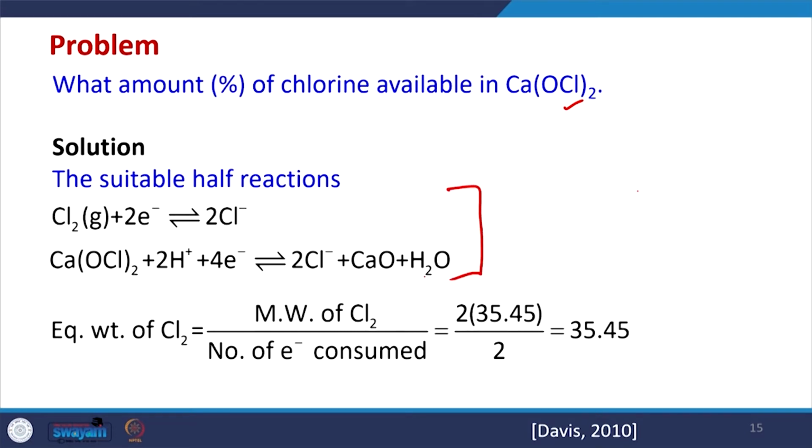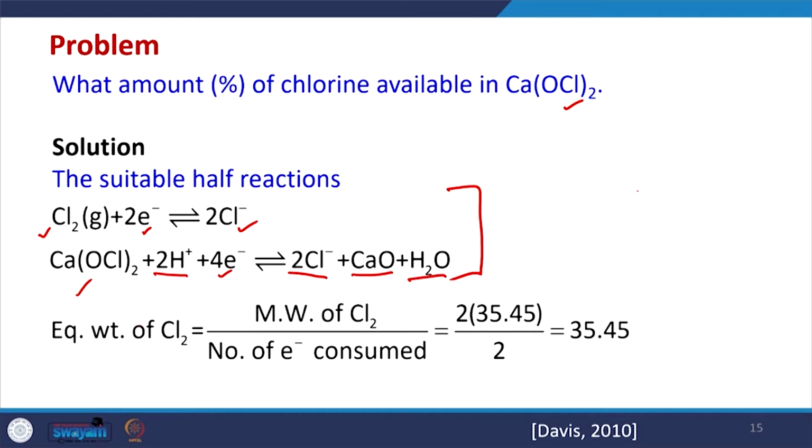We can see the Cl2 gas combining with 2 electrons to form 2 Cl minus, and similarly CaOCl2 combining with 4 electrons in the presence of 2 H plus ions to form 2 Cl minus ions, and then CaO plus H2O. So, these are the half reactions with respect to CaOCl2.